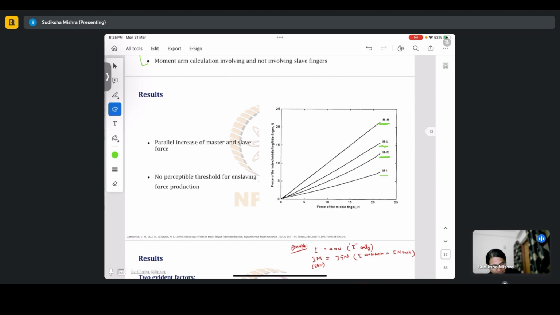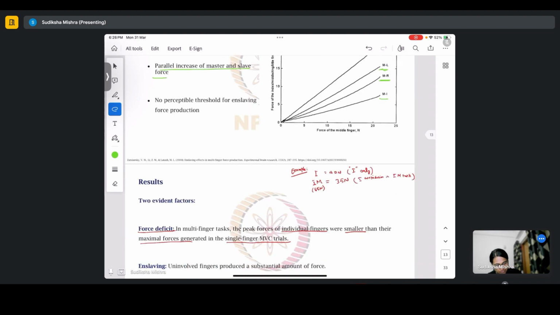Essentially, there is a parallel increase of master and slave force, and there is no perceptible threshold for enslaving force production in all of the 45 combinations that they studied.